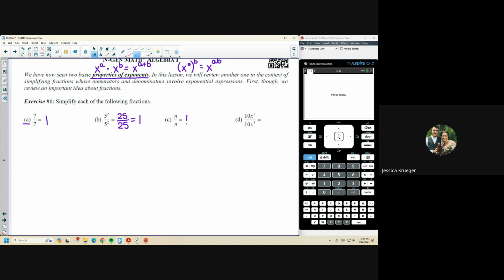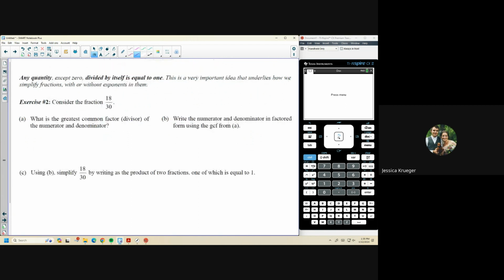N over n, also 1. 10x to the third over 10x to the third also equals 1. So anytime you divide an expression by itself, the answer is going to be 1. So we're going to use that to help us with simplifying fractions.